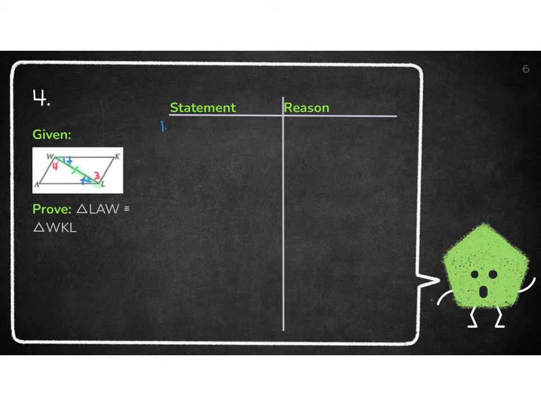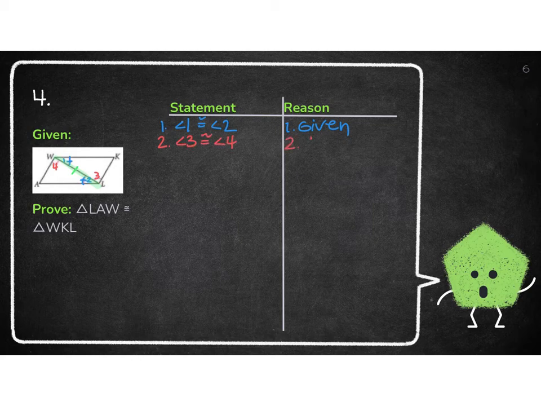The first thing that I am given is that angle 1 is congruent to angle 2. The only reason I can use the 1 and the 2 is because I drew it in my picture. If you did not, you would need to give me the letters. The reason for this is it is given. All right, and the next thing, angle 3 is congruent to angle 4.